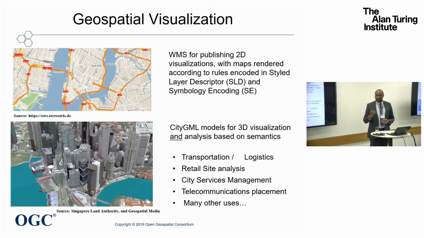The web map service, which I mentioned earlier on, provides an HTTP interface for publishing 2D visualizations, with the option of including time. So in some cases, they're enabled to include temporal aspects as well. But it also supports the styled layer descriptor standard, which makes it possible to specify how a map should be rendered. And all of this is done dynamically, or at least can be done dynamically.